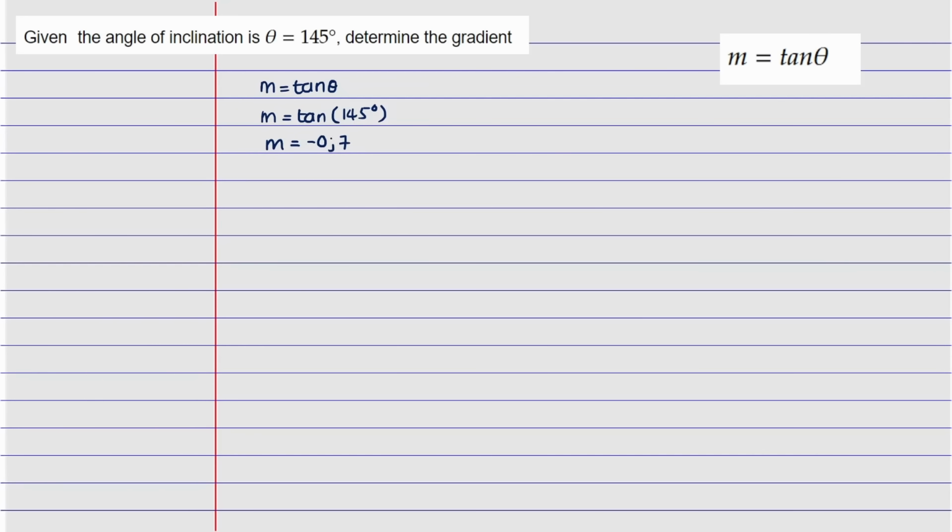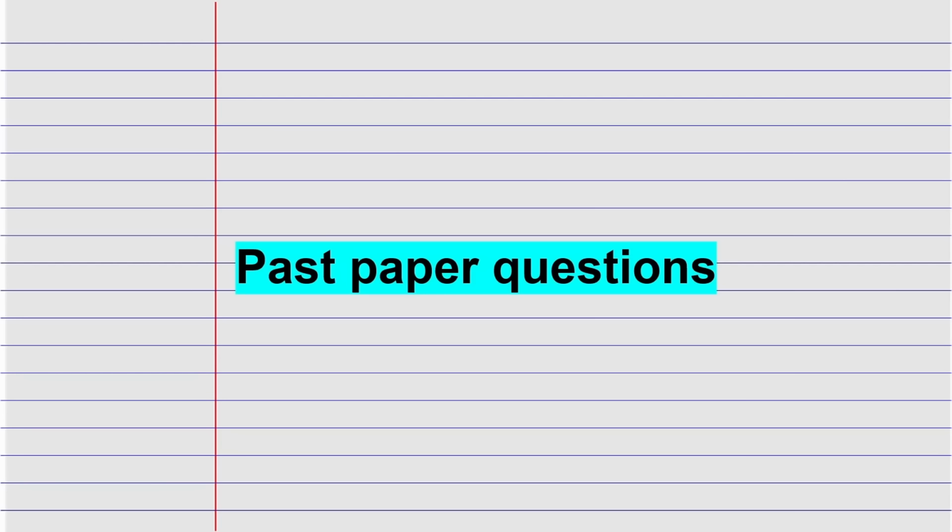So do you see that your gradient is negative? Which matches up with the fact that theta needs to be greater than 90 degrees. So that's how you would do it if you have an angle of inclination greater than 90 degrees and you need to determine the gradient. So now moving to past paper questions, right?